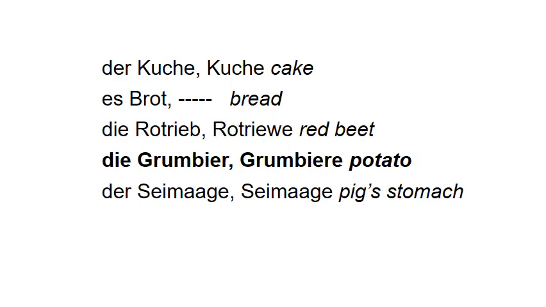Potato is die Grumbier, Grumbiere. And that word basically means ground pear, like the pear, your fruit, but one that's in the ground. That's kind of a nice word for potato.